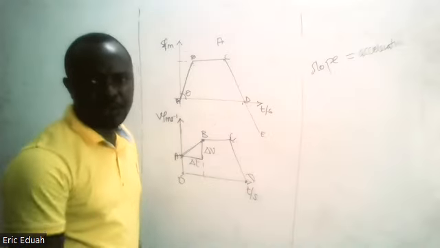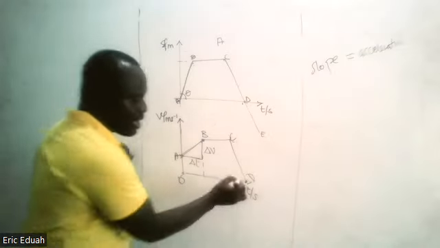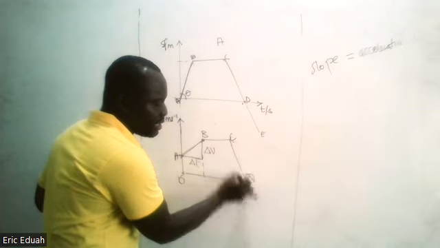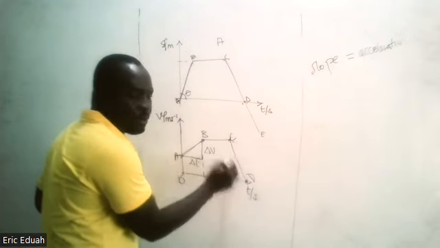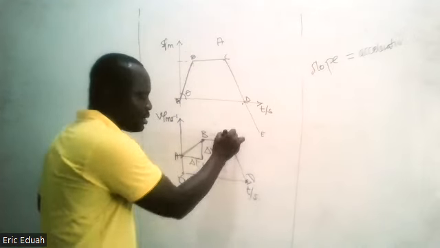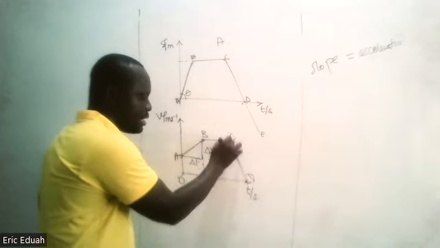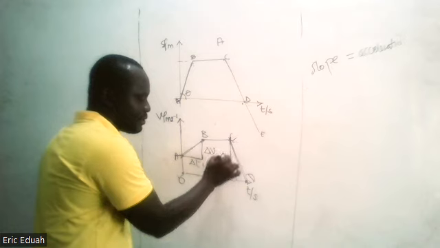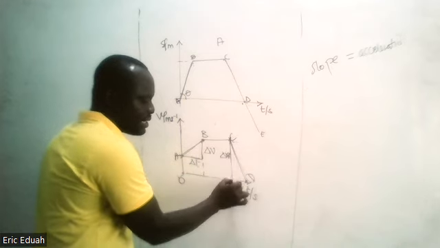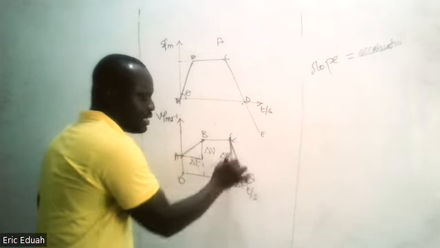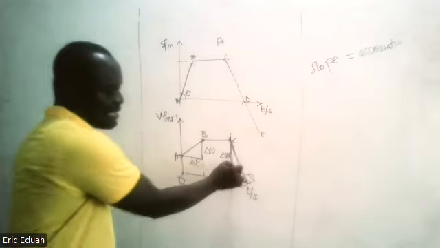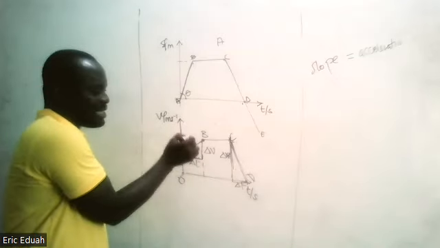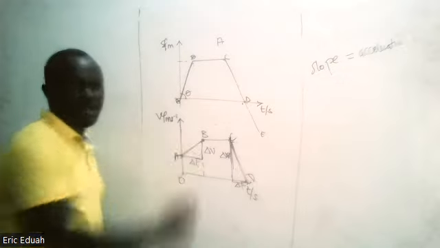If you ask me to find the deceleration, I'll find the slope of the line from C to D, the change in the vertical over the change in the horizontal. This slope gives the deceleration, whereas that slope gives the acceleration.